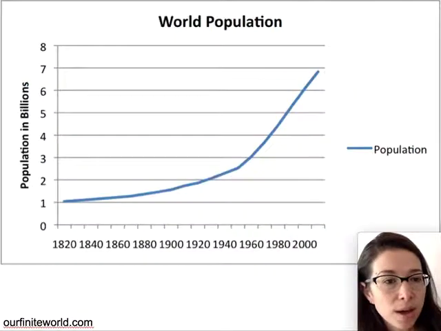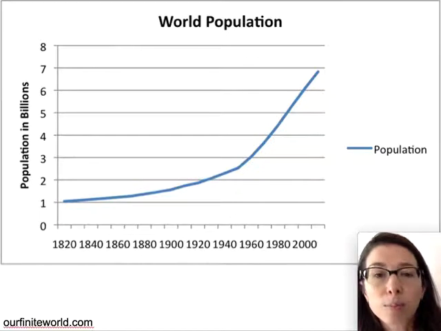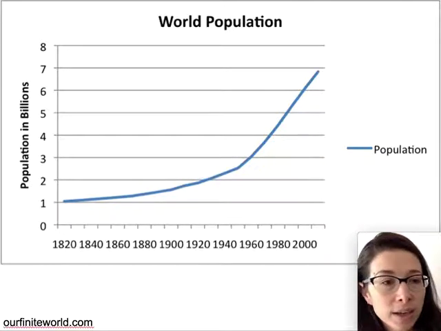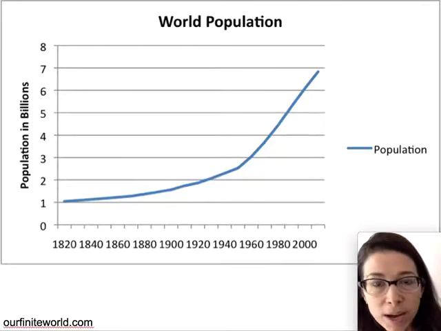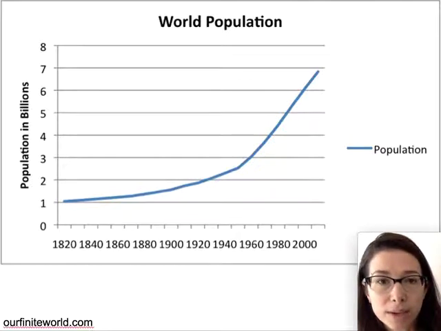However, if we look at the population of humans on Earth, our population is growing almost exponentially. So we are increasing the number of people on Earth pretty rapidly and dramatically. And you might imagine that this translates into a much larger energy demand.